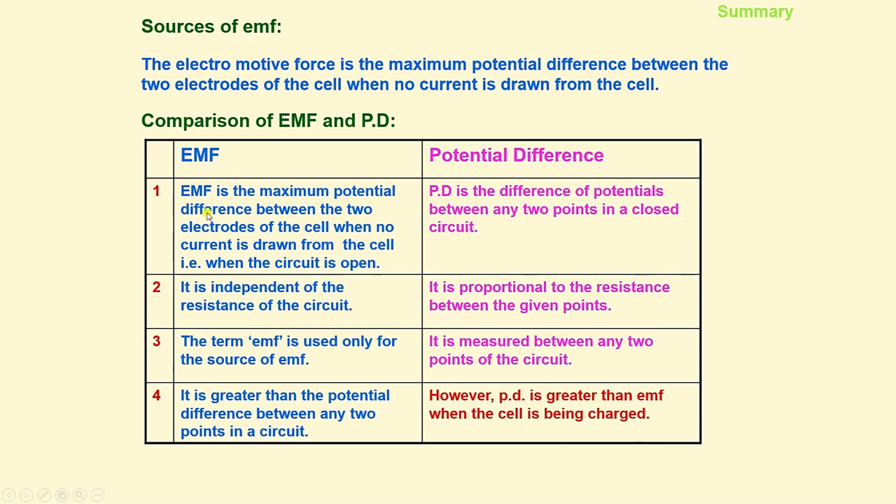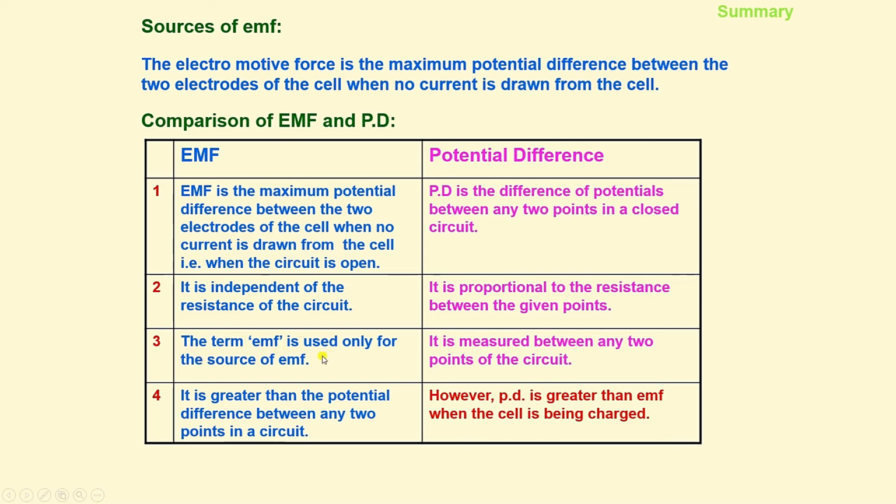EMF is the maximum potential difference between the two electrodes of the cell when no current is drawn from the cell, meaning the circuit is open. Potential difference is the difference of potential between any two points in a closed circuit. EMF is independent of the resistance of the circuit, while the potential difference is proportional to the resistance between the given points.